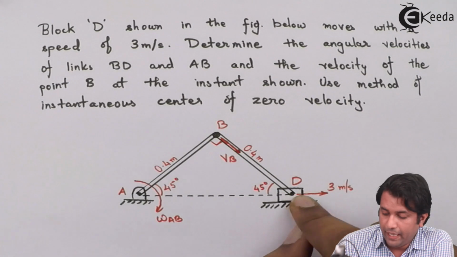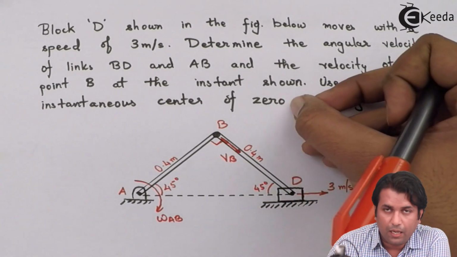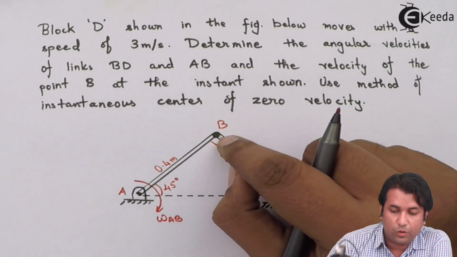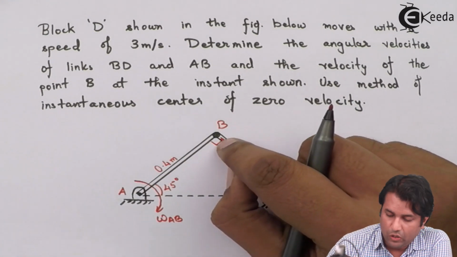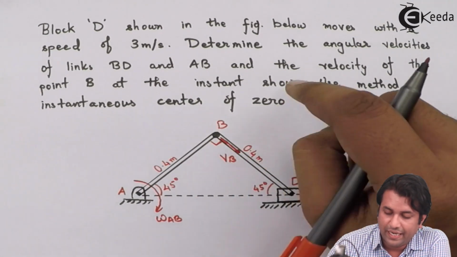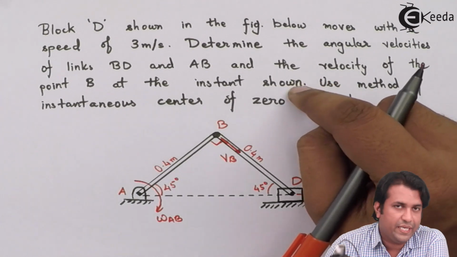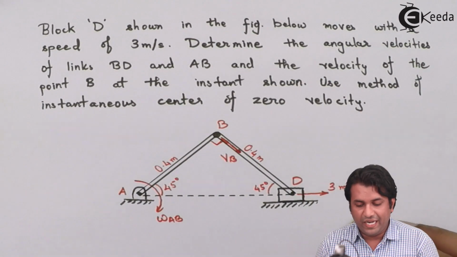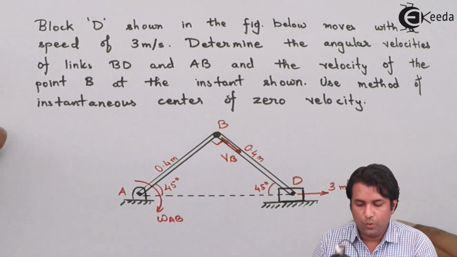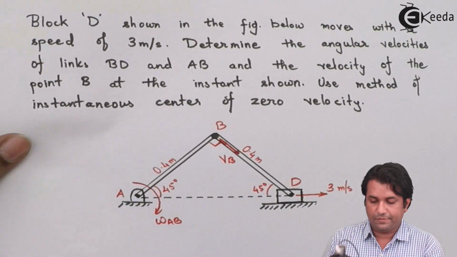So if I take a perpendicular and I project it vertically up, and I take this point and project it perpendicular to this velocity in this direction, I'll get an ICR somewhere over here. So I'll draw the FBD for that, and I'll try to explain to you how to find out the ICR.